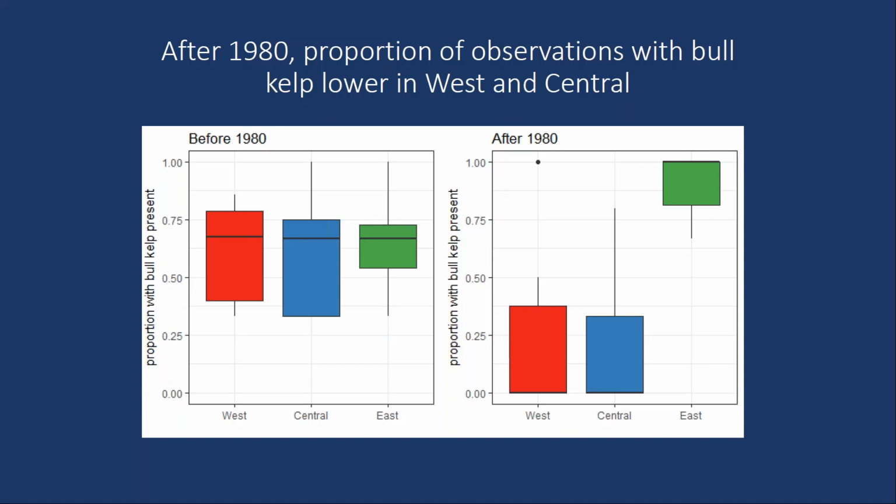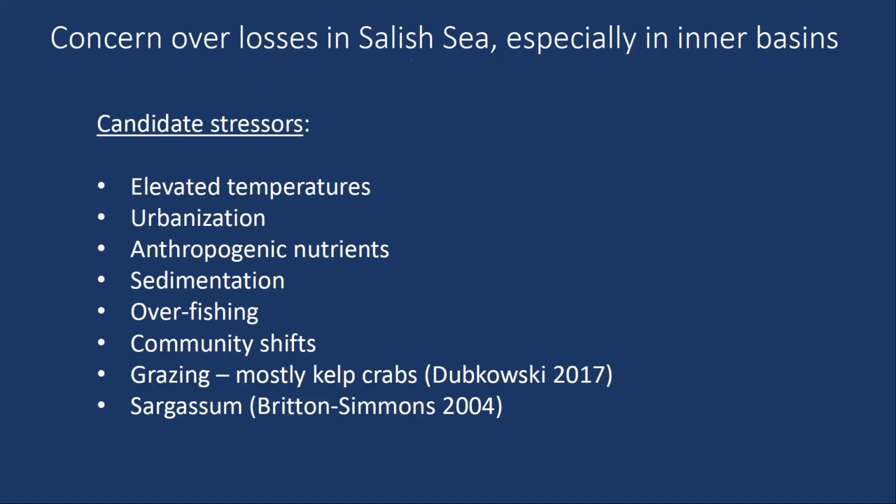So this is the little work we've done on looking at stressors and losses in the inner basins. Next slide. We hear concern over losses throughout the Salish Sea, so also north of the border, especially in the inner basins such as Georgia Basin. Here are some of the candidate stressors we think of: elevated temperatures, generally urbanization, anthropogenic nutrients, sedimentation.